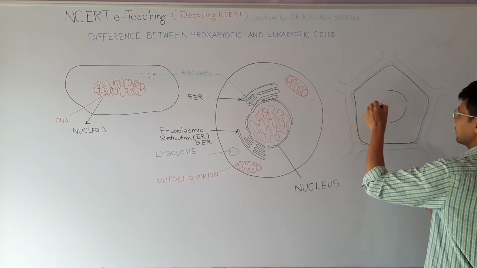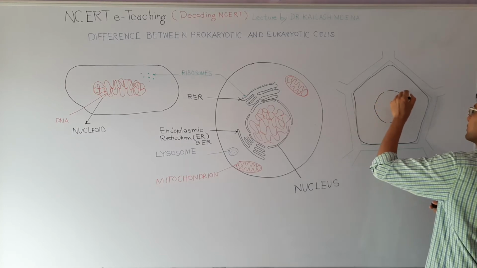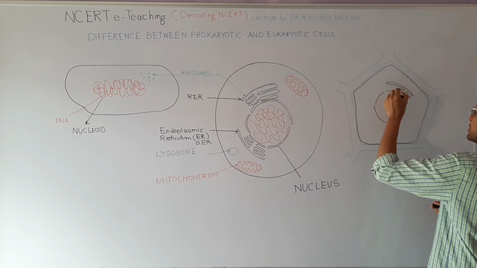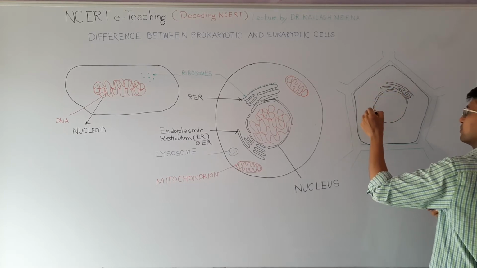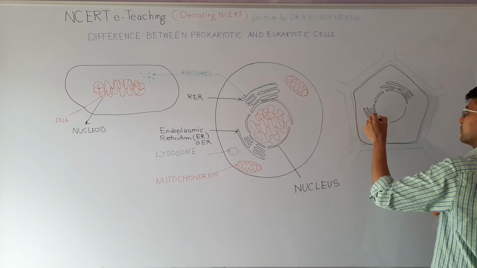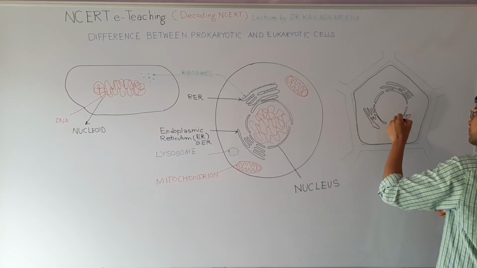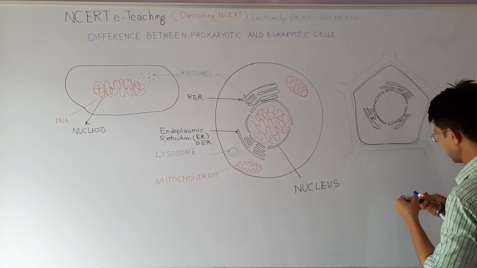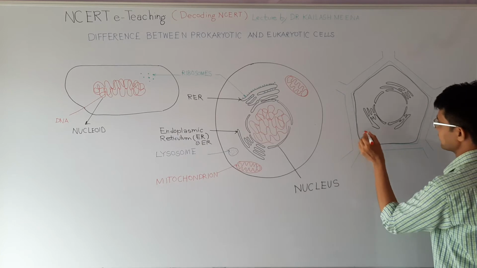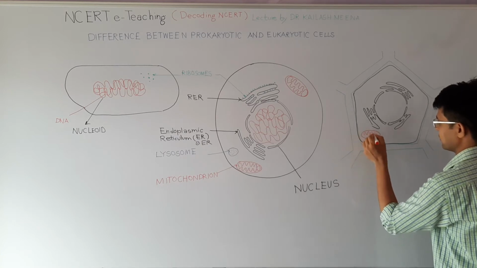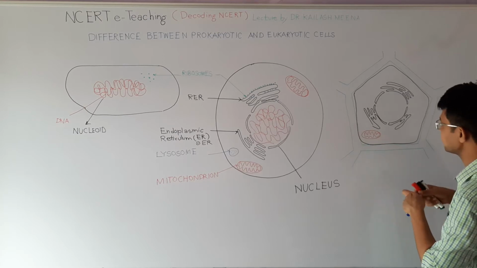Again nucleus with extended rough and smooth endoplasmic reticulum, with mitochondria. I am making the same cell again but with a different shape, with mitochondria and lysosomes.